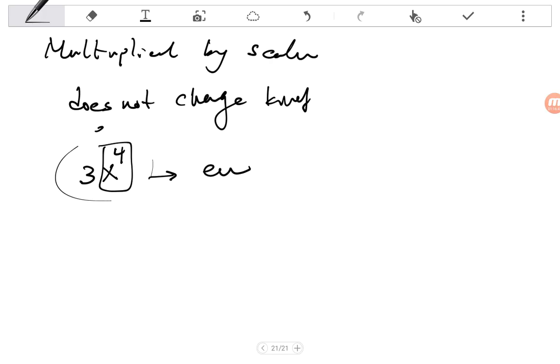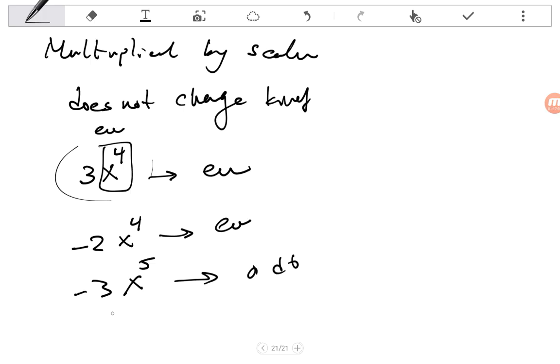What about 3 times x to the power 4? It will also be even. What if I multiply it by a negative, minus 2x to the power 4? That will also be even. Negative 3 times x to the power 5 will be odd. It doesn't matter what scalar or number is multiplied by the function. It doesn't change the kind.